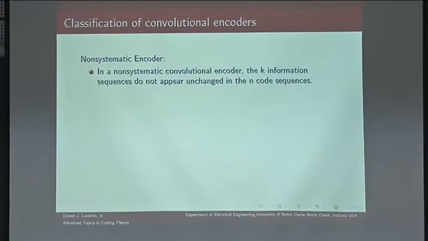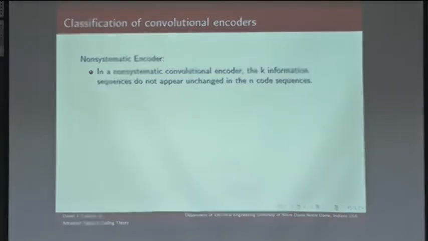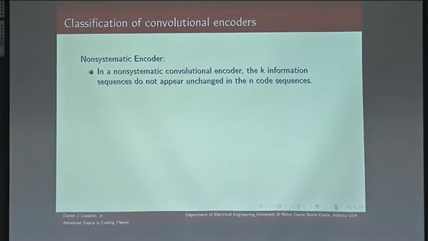Now, what about non-systematic? Just like with block codes, systematic encoders are convenient. Usually it's a nice property to have, but it's not necessary. And actually, with convolutional codes, depending on how you decode them, with Viterbi decoding, there's an advantage to using a non-systematic encoder.